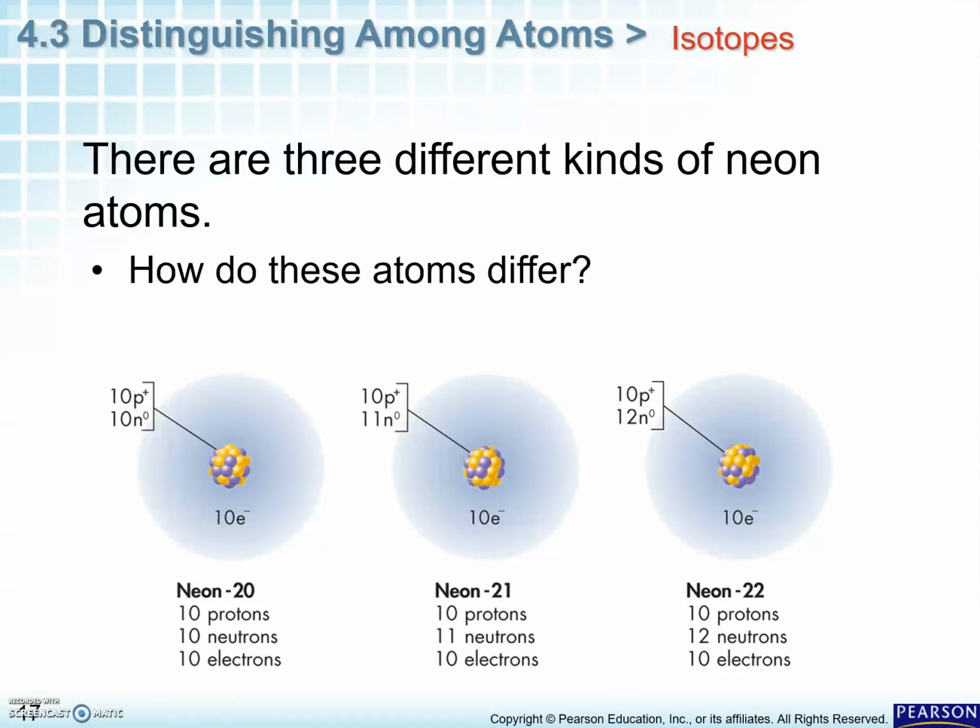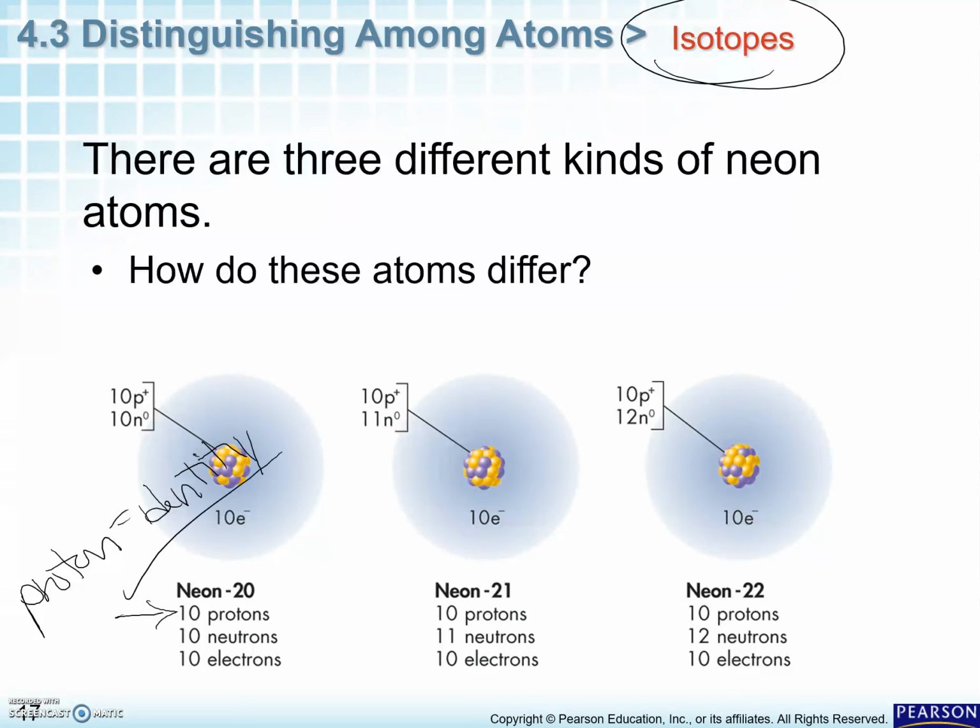Now, something that's kind of interesting is that we can have different kinds of the same atom. These are called isotopes. And isotopes are a little bit different, but they always have the same number of protons, because protons give something their identity.